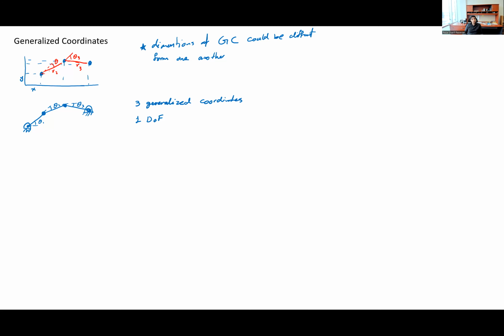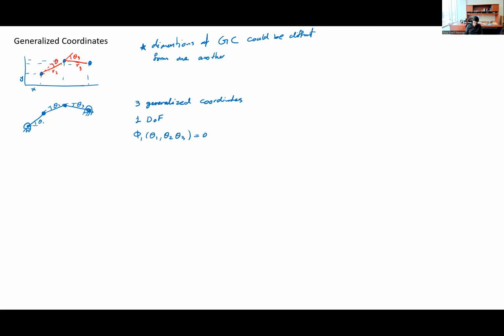So we saw before, for a 1 degree of freedom system, we only need one variable to define this. Actually, among these three generalized coordinates theta 1, theta 2, and theta 3, they are not independent. There is some phi 1 of theta 1, theta 2, theta 3 equals 0. That is constraint 1.